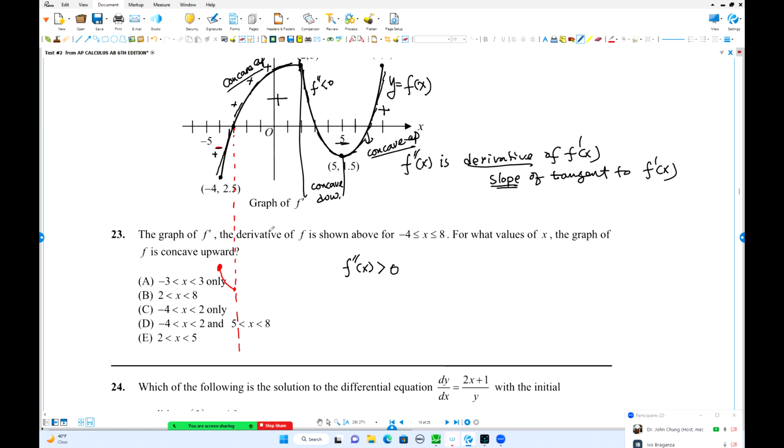Concave up increasing up to here. This is concave up increasing. Are you okay with this? This is concave up decreasing, still concave up, right? Right after this one, still positive, increasing again, up to this point, still positive.